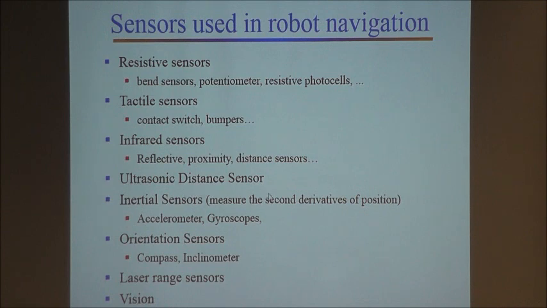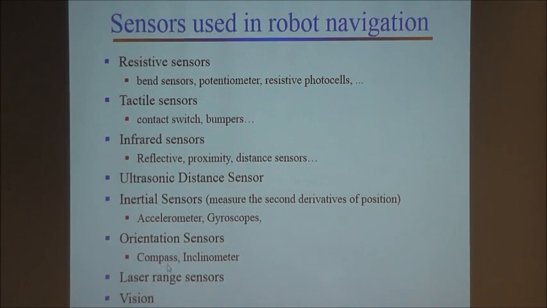Ultrasonic distance sensors. Inertial sensors measure the second derivatives of position, accelerometers. And gyroscopes are also used for balancing robots or vehicles. Orientation sensors, a compass is one of those. So which direction are you heading?